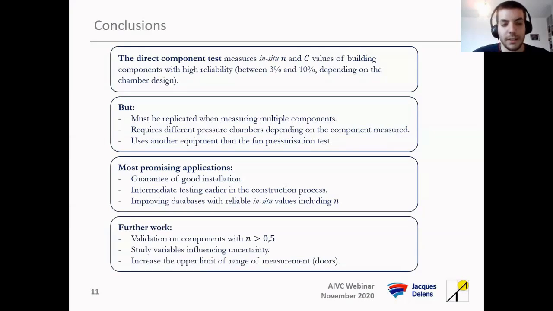And the last important improvement, in my opinion, would be to increase the upper limit of the range of measurements, because I'm currently at 78.5 cubic meters per hour, but we know that for leaky doors, for example, which are quite an important component in buildings, 78.5 cubic meters per hour may not be enough. So there is still work to do here.